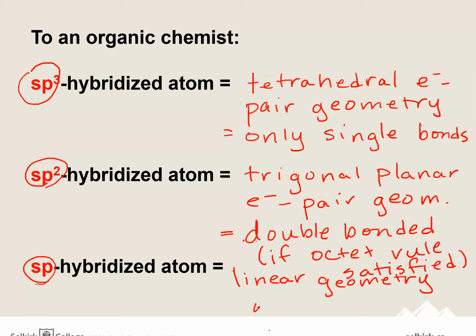And if I had an atom that obeyed the octet, that wanted 4 pairs of electrons spread over 2 electron pair domains, that might well be a triple bond. Usually, there will be exceptions to that, but not to worry about it.